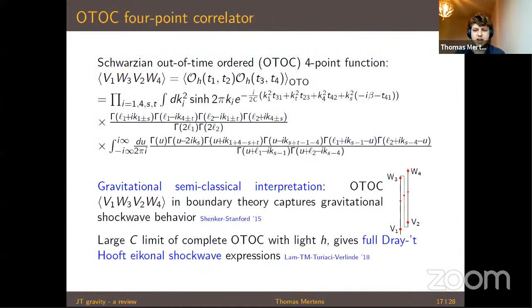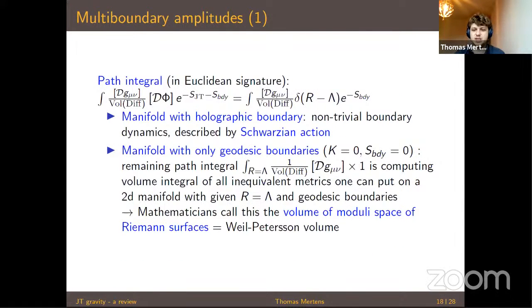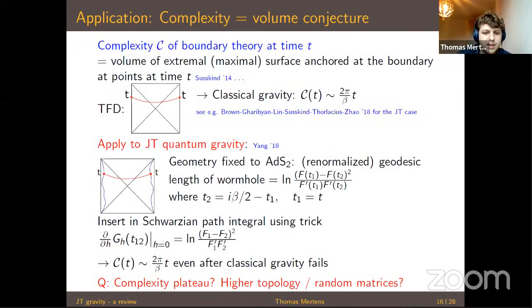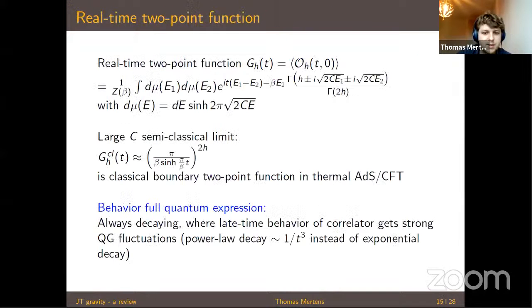Now, you can't see the quasi-normal modes in this AdS2 geometry explicitly. So I didn't mention this, but this kind of 2-point function, this was the boundary 2-point function using the Schwarzian integral, so only disk topologies.